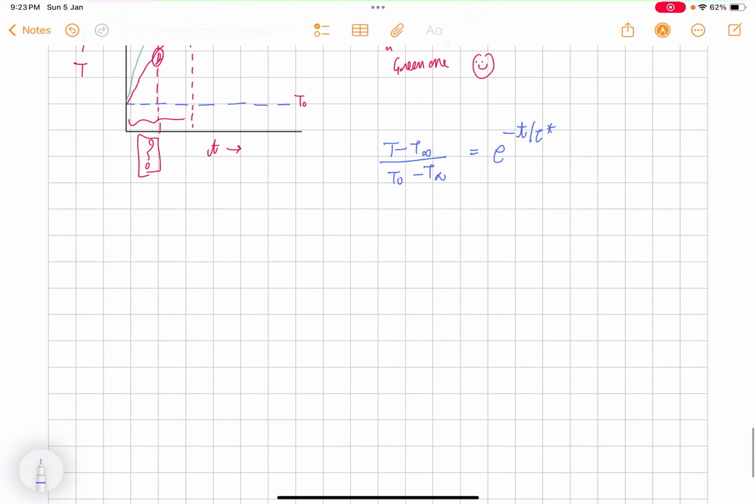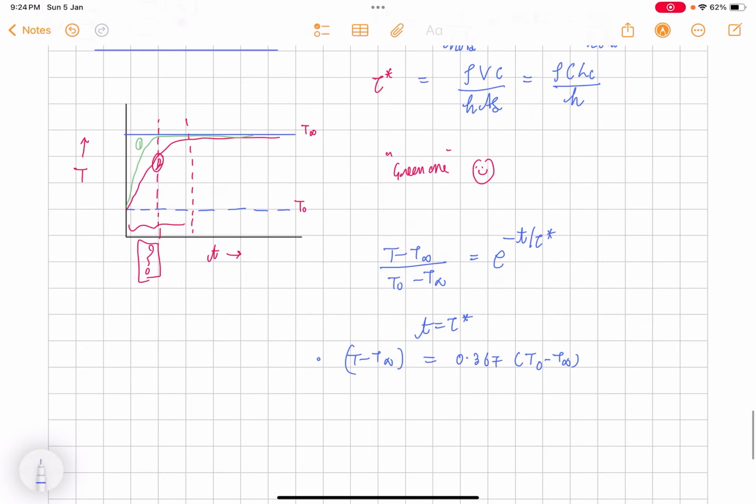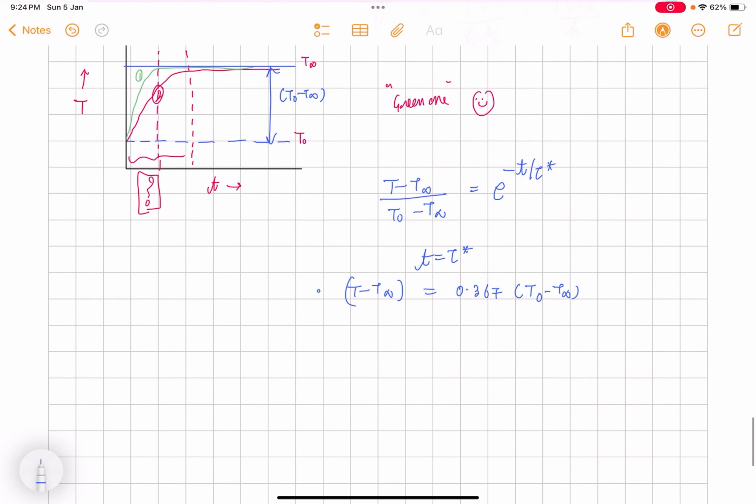If we put t as tau star, then by calculation we will see that T minus T infinity will be 0.367 times T naught minus T infinity. This is the temperature difference, T naught minus T infinity, at t equal to tau star.